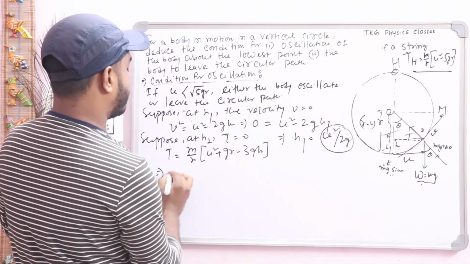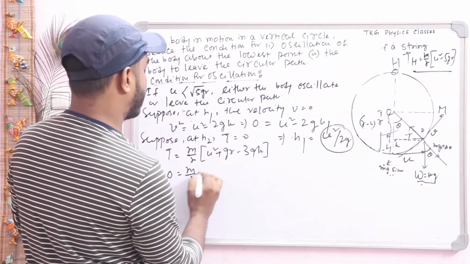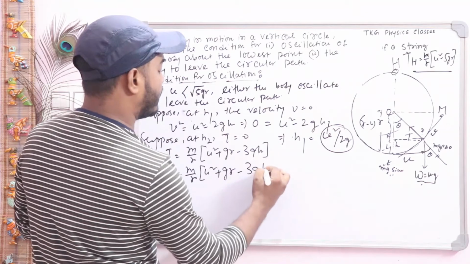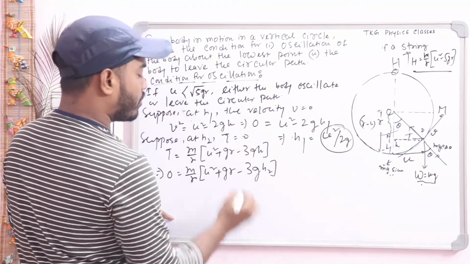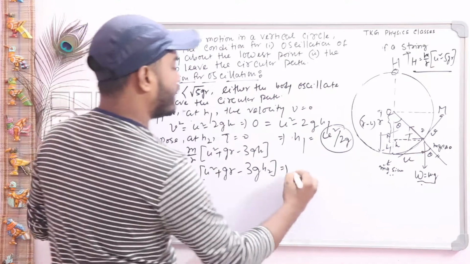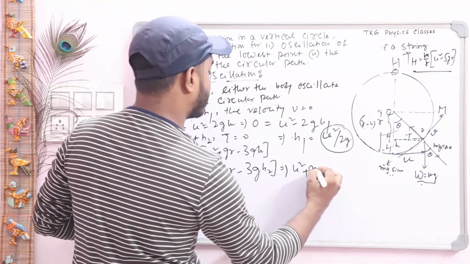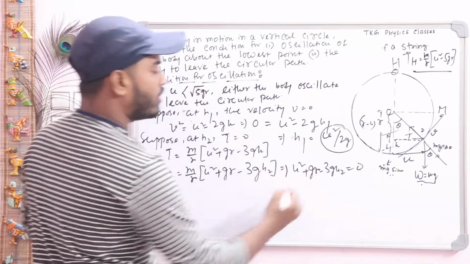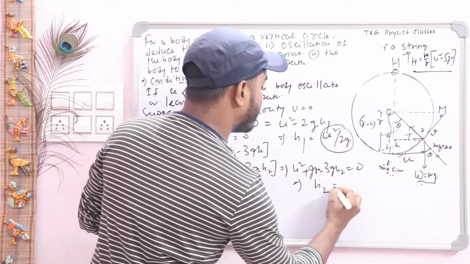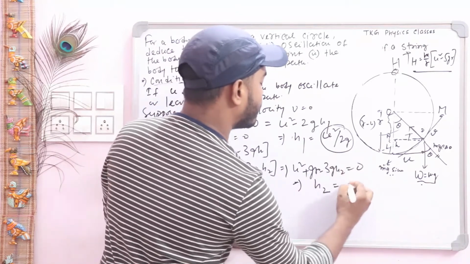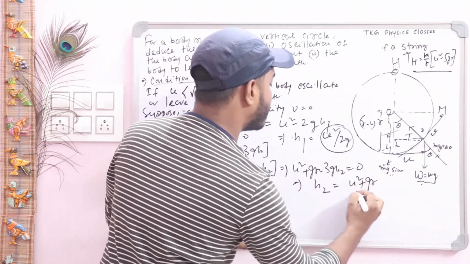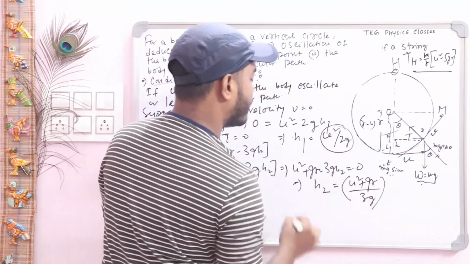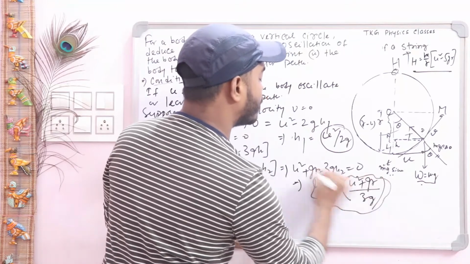Now apply: 0 is equal to m by r, u square plus gr minus 3gh2. So from here you can write u square plus gr minus 3gh2 is equal to 0. So h2 is equal to u square plus gr upon 3g. Okay, so this is the expression of h2.